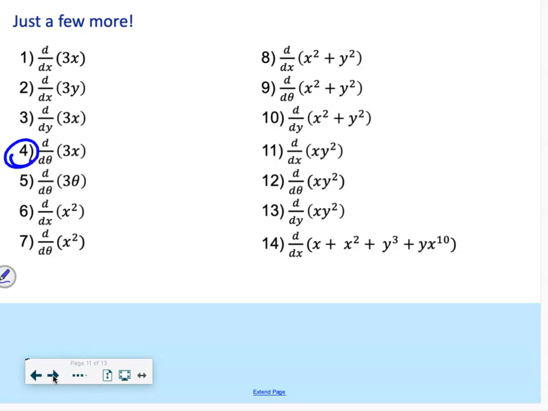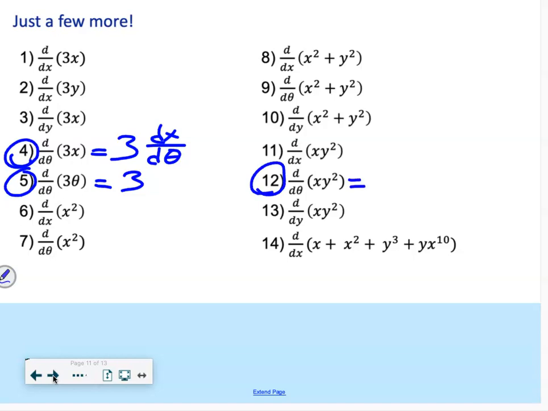so what's d/d theta of 3x? Whoa. 3 dx/d theta. Good. What's d/d theta of 3 theta? 3. It's just 3. No differential? No. Good. What is, okay, d/d theta of xy squared?